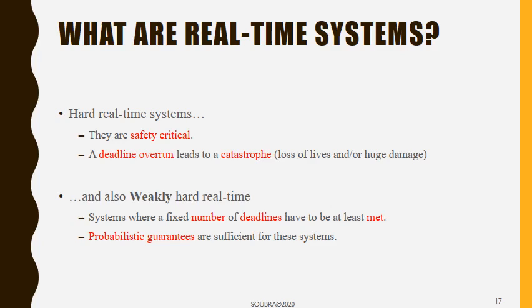And in those systems, you have some probabilistic guarantees, and those are sufficient to avoid catastrophes. So in hard real-time systems, you need to meet all deadlines. In weakly hard real-time systems, you can afford to not meet a couple of deadlines, but you're going to try your best not to and meet them all.